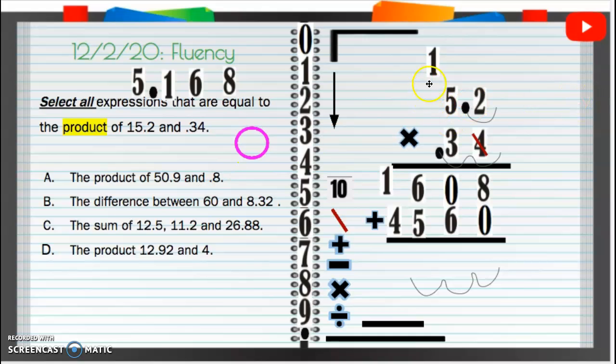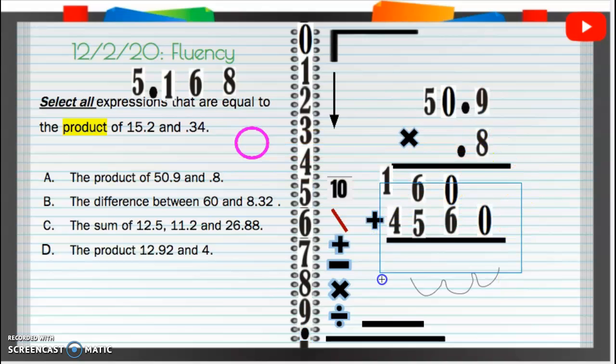All right, so I'm actually just going to edit this problem. 50 and 9/10. I'm going to move 9 up here. Times 8/10. So it's going to be that decimal and then 8. All right, now I'm going to delete all that.